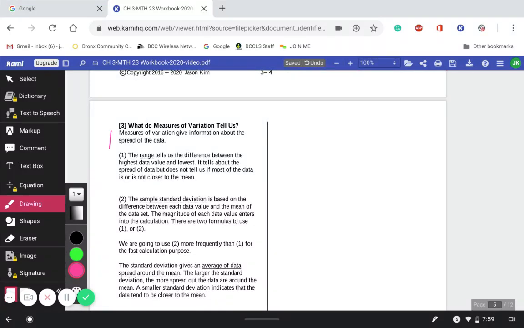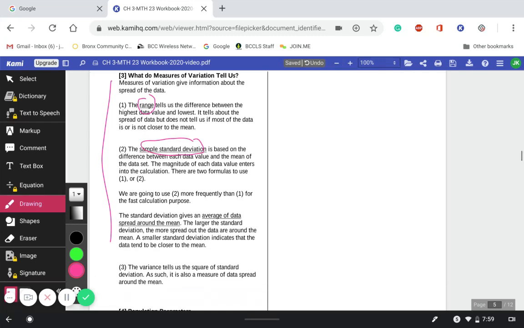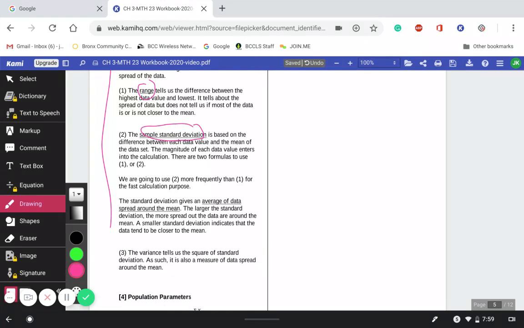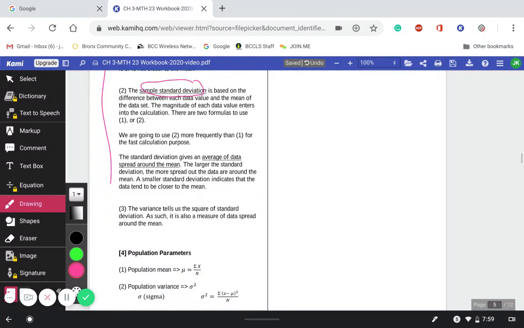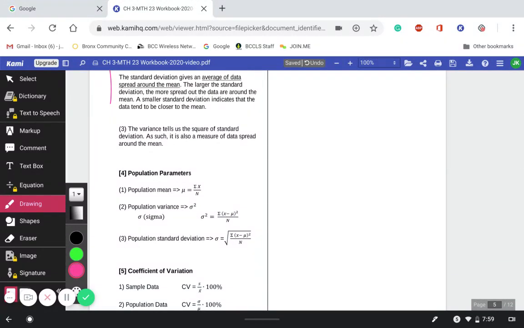So the next reading is about the summary of what we just did. What the range is telling us, what the sample standard deviation is about. And when you have a population parameter, which means dealing with the population data, they are very similar.